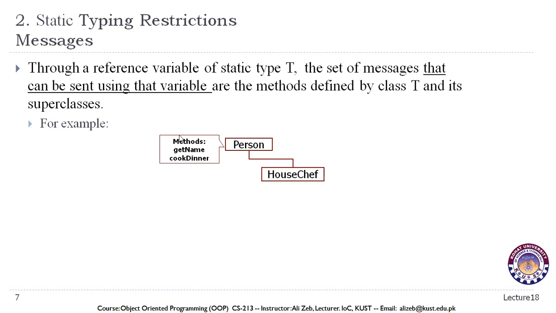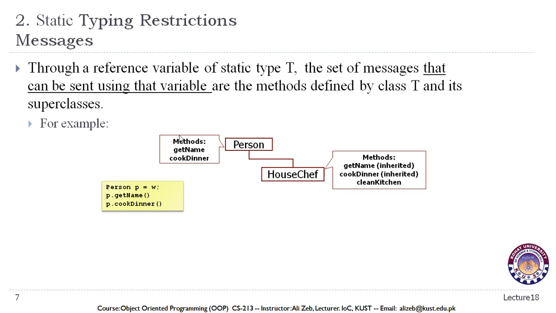We have a person class with certain methods like getName and cookDinner. Then we have a houseChef class that is derived from the person class with some of its own methods. So the getName and the cookDinner methods are inherited from the superclass, and the houseChef now has the cleanKitchen method of its own.